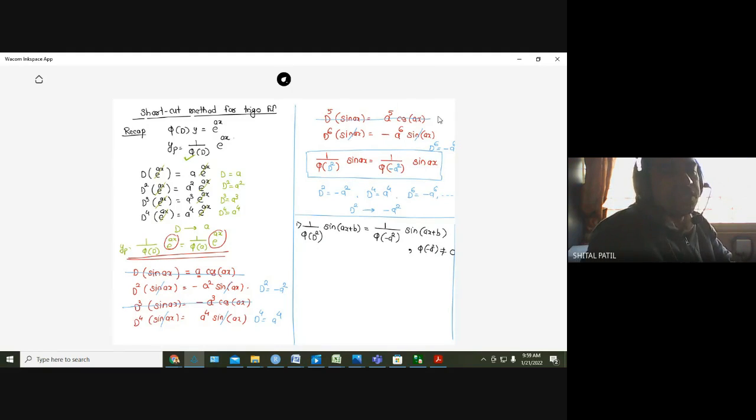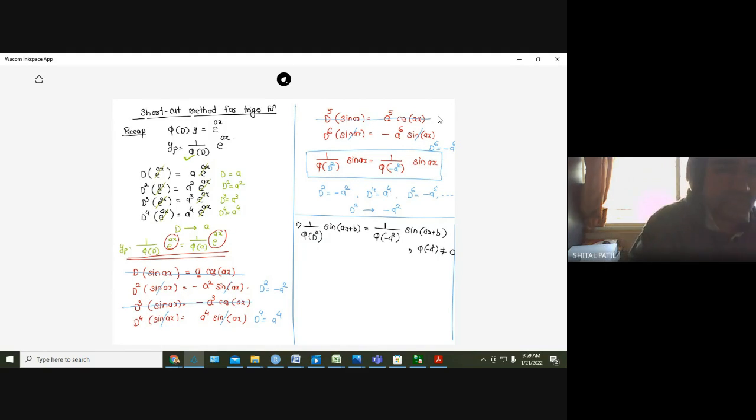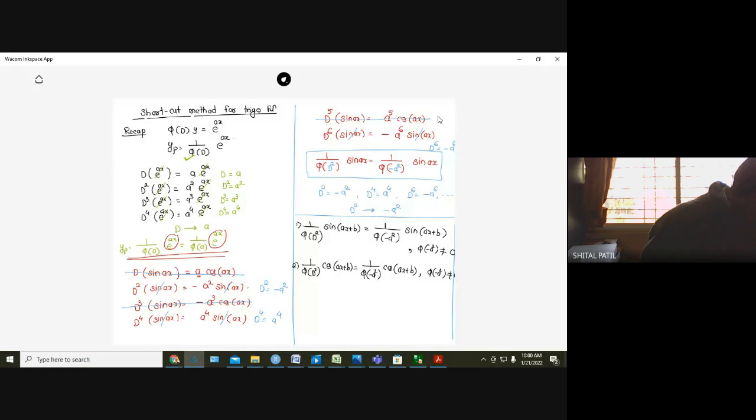This formula is valid as long as phi of minus a square is not equal to 0. Second formula: 1 upon phi of d square operated on cos of ax plus b is 1 upon phi of minus a square, cos of ax plus b, provided phi of minus a square is not equal to 0.